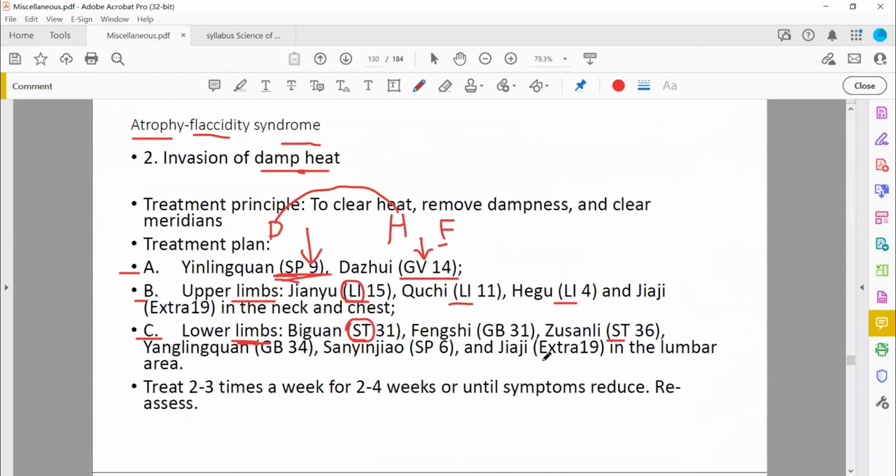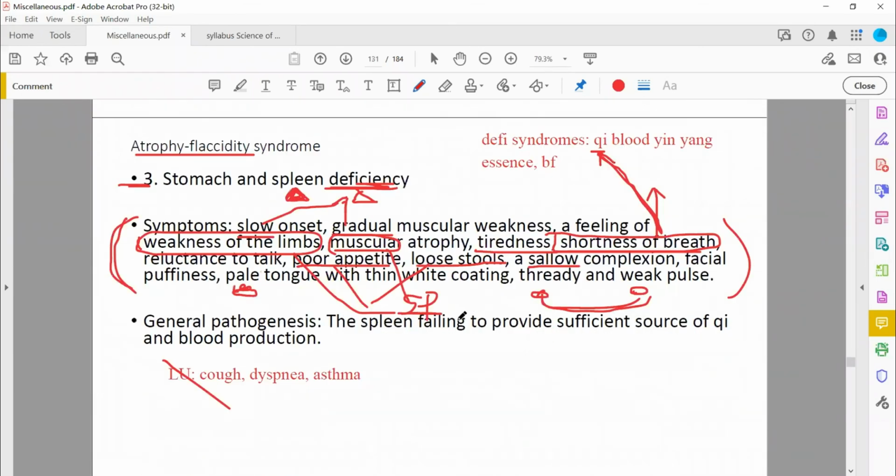In fluid or blood deficiency, they cannot nourish the tendons and vessels. So for this case, we know there's a spleen deficiency. There is a blood deficiency. So let's see the general pathogenesis. The spleen fails to provide a sufficient source of qi and blood production, right? So that means there's a qi deficiency, there's blood deficiency. And from the case, there's a high possibility that this patient has a spleen qi deficiency.